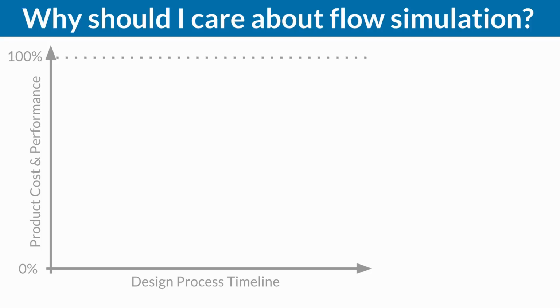Usually we try to make the performance as high as possible while reducing the cost. But the truth is we can't increase the performance with low cost, so we have to pay the price to get this performance. This plot shows us exactly how the cost of this product to get this performance will develop over the timeline of designing this product.